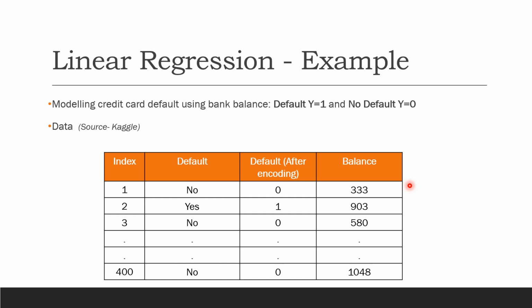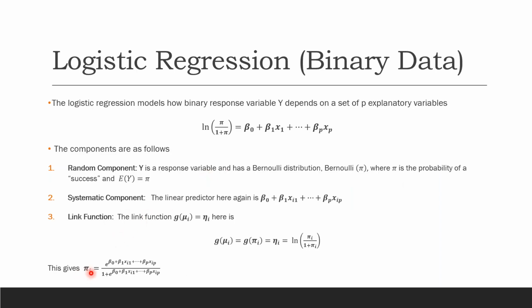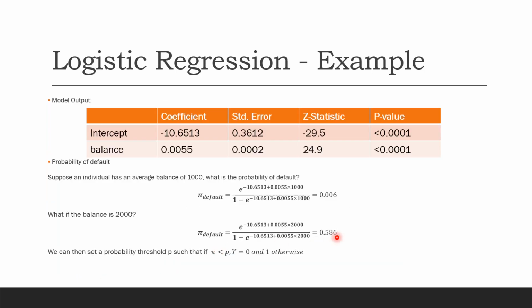So let's look at the equation for this form again. This is the probability pi i, right? And the equation for that is e to the power of beta naught plus beta 1 times the variable value, and so on, divided by 1 plus this value again. So using this equation and our model results, we'll first estimate this probability. Suppose there's somebody that has an average balance of 1,000. Now we want to know what is the probability, based on this model that we built, that this person will default.